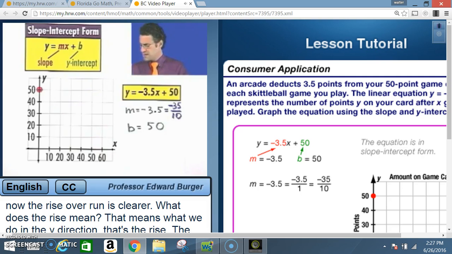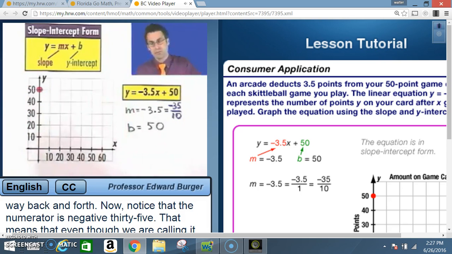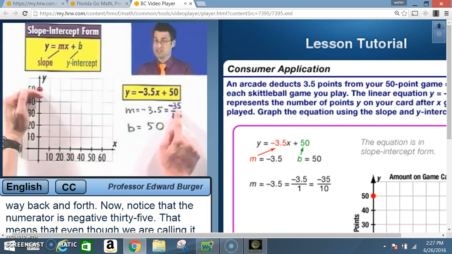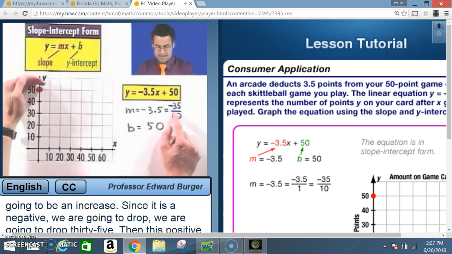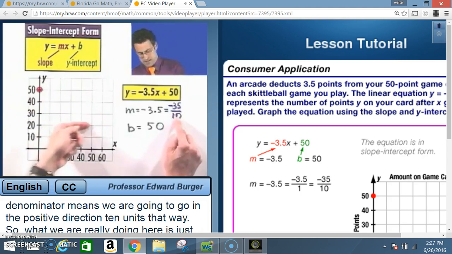What does the rise mean? That means what we do in the y direction, and the run means back and forth in the x direction. Now notice that the numerator is negative 35. That means that even though we're calling it rise, it's not going to be an increase. Since it's negative, we're going to drop 35, and then this positive 10 in the denominator means we're going to go in a positive direction 10 units.